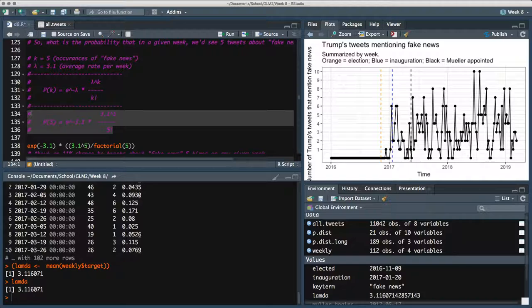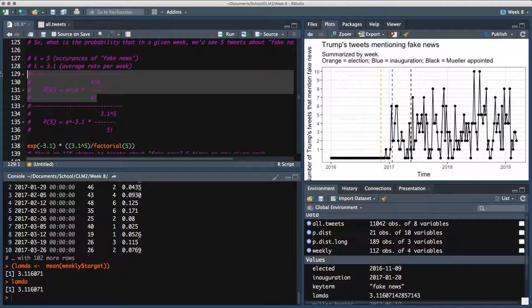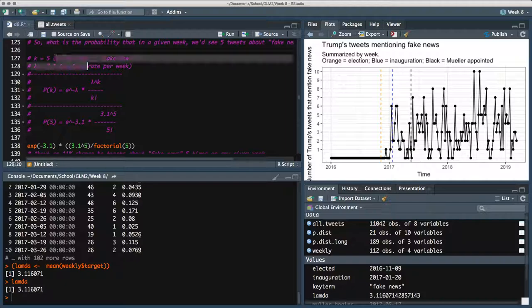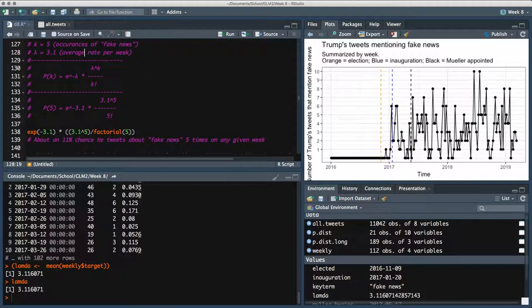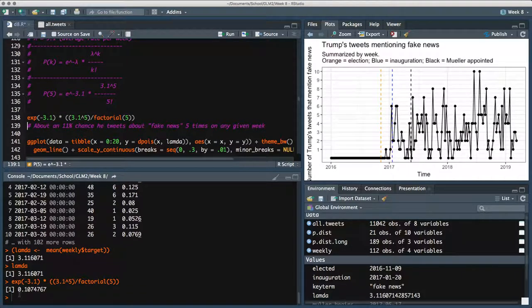We plug all that information into this formula, and our k is 5, which is the number of occurrences that we want to see. 3.12 is the average rate, and when you calculate all that out, you get 0.107, so about 11%. There's about an 11% chance that we will hear Donald Trump tweet about fake news 5 times in any given week.